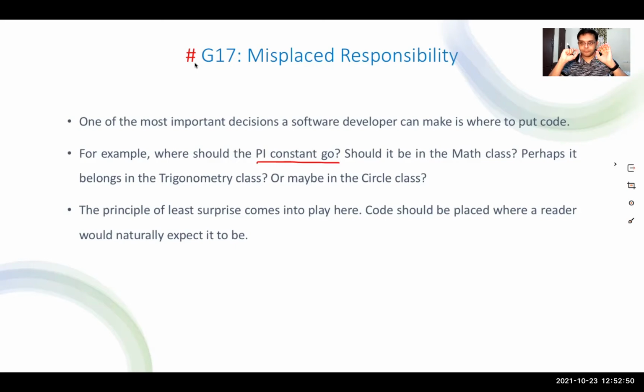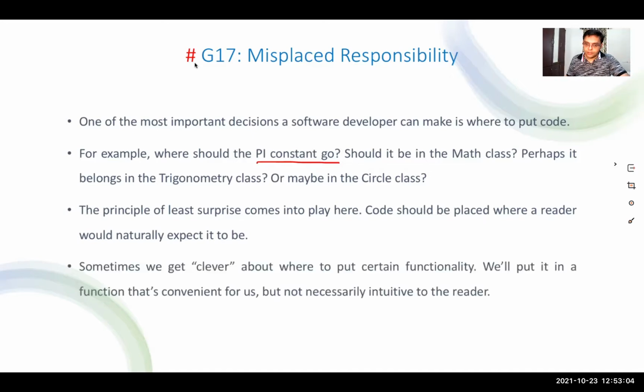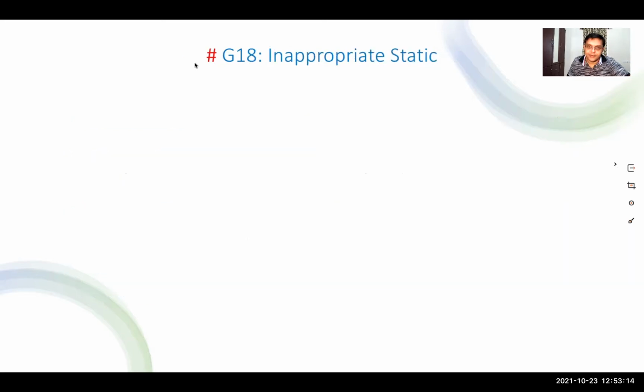If I declare something, all other readers who come into this code should expect that it will be here. So whether you put it in the circle class, there is no hard rule, but you have to ensure that all your variables, constants, or whatever it is, are put in the right place. Sometimes we get very clever and put a certain functionality somewhere, but that will really trouble us. Even the reader will not think like that.